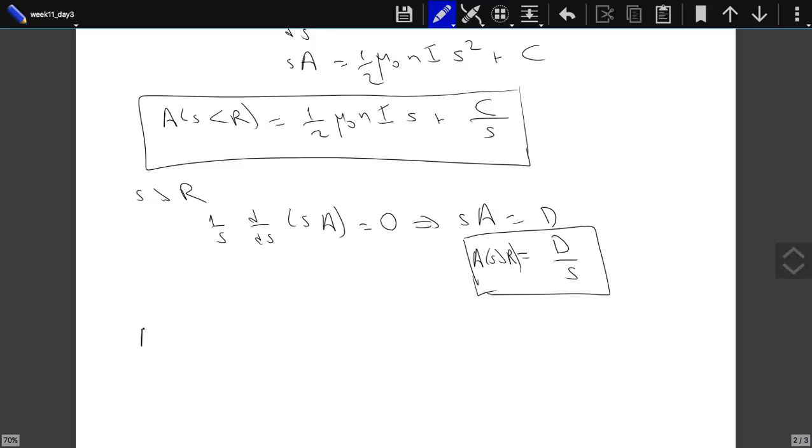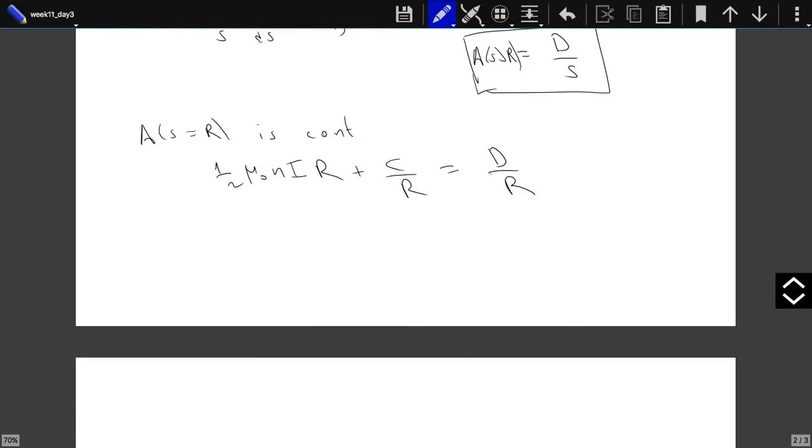So this tells me that A at S equal to R is continuous. This is one condition, which tells me 1 over 2 mu 0 n I R plus C over R should be equal to D over R. The other condition: A at S equal to 0 is finite, at the center of my solenoid.